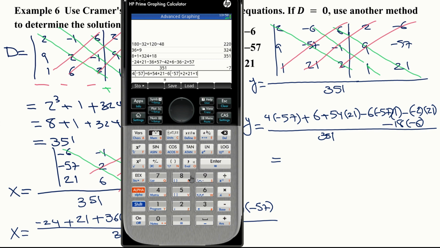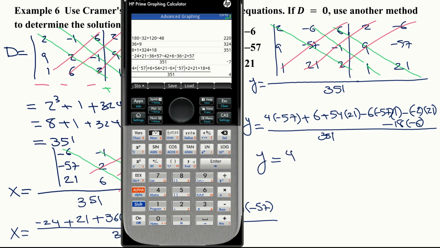So plus 18 times 6, okay? Now down below, we know we have 351. We go ahead and hit enter and we get 4. So there's the y value for 4.